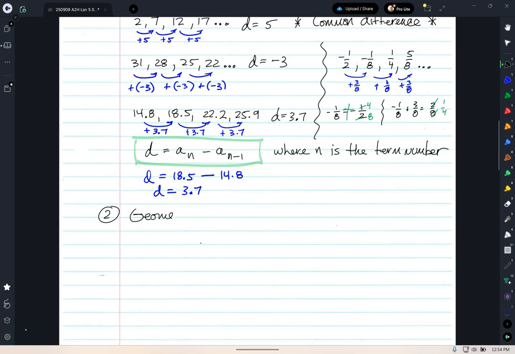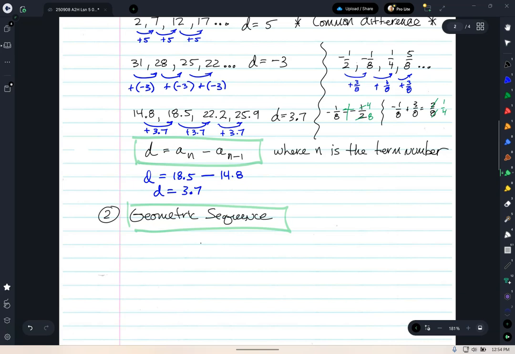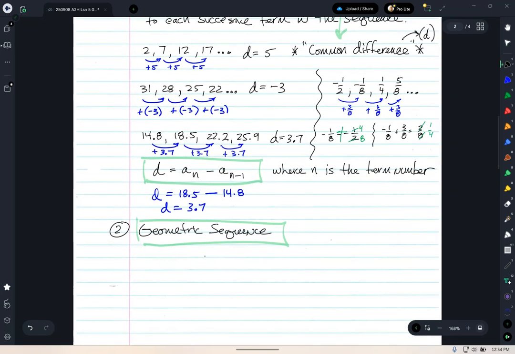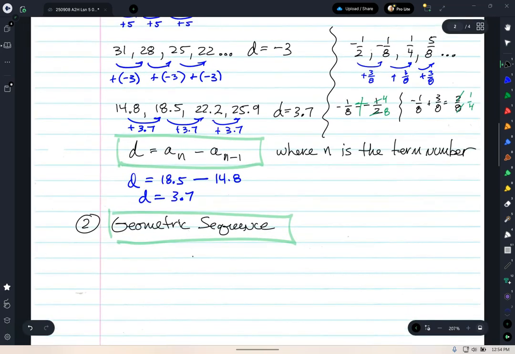a geometric sequence. We are looking at two sequences today, geometric sequence and arithmetic sequence. All right. I'm not going to get into the details today of why it's called geometric. We'll talk about that another time.